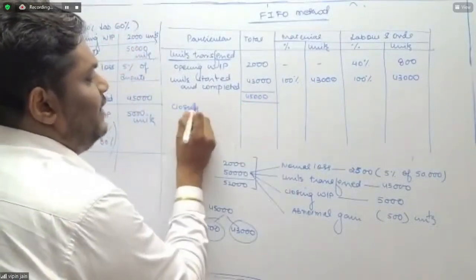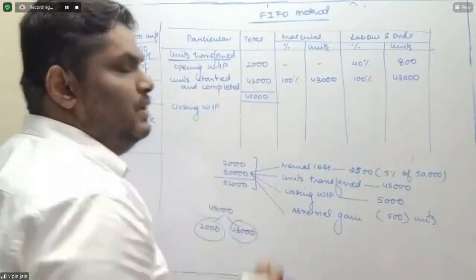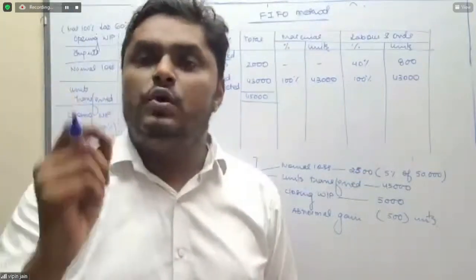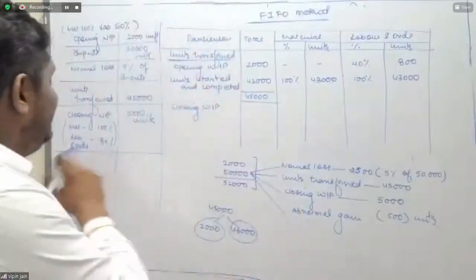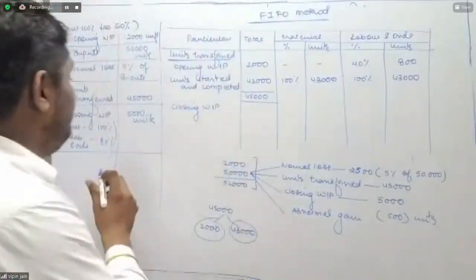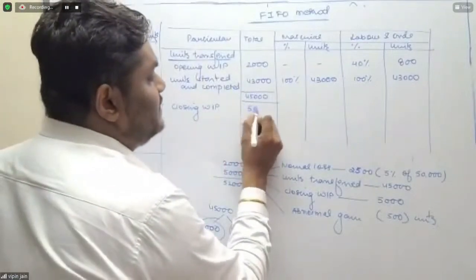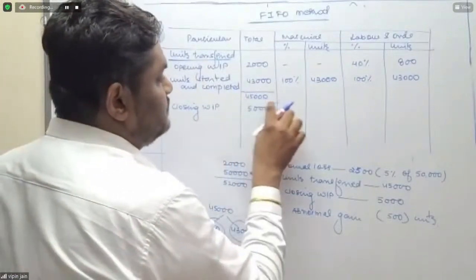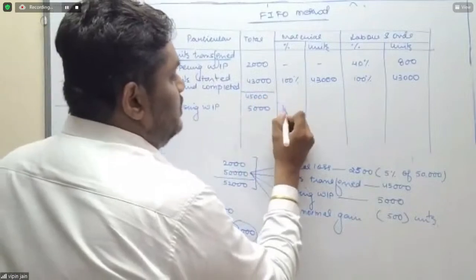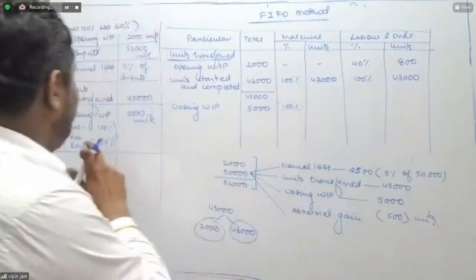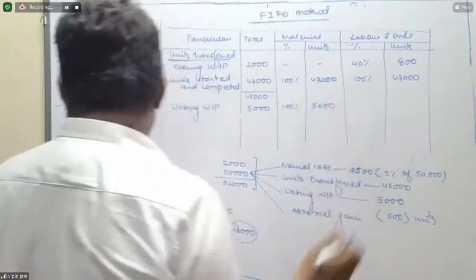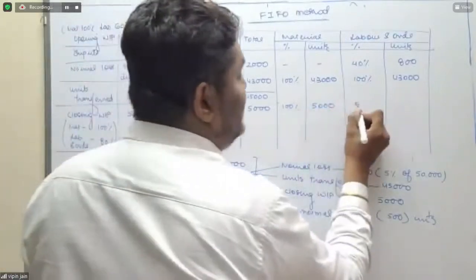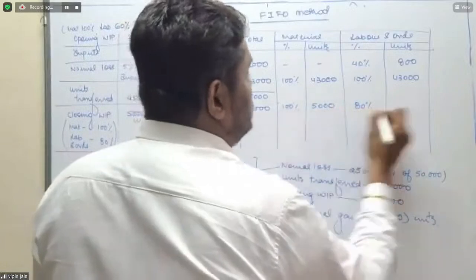Now the closing work in progress, since these units are from the inputs made during the year, and it is given that the closing work in progress is of 5,000 units. So 100% complete in respect of material, that is 5,000, and 80% completed in respect of labor and overheads, so 4,000.